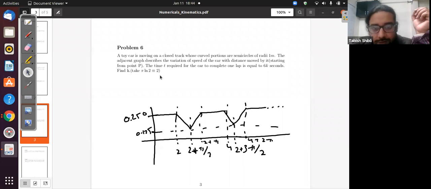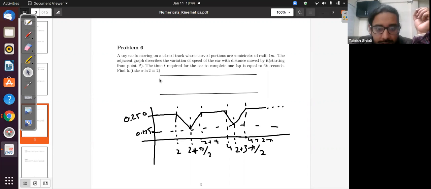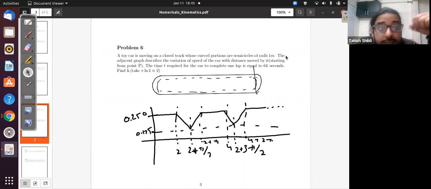So you have two straight lines, which essentially form the straight parts, and you have semicircles here, where the radii are given to be 1 meter. This is what the graph looks like.